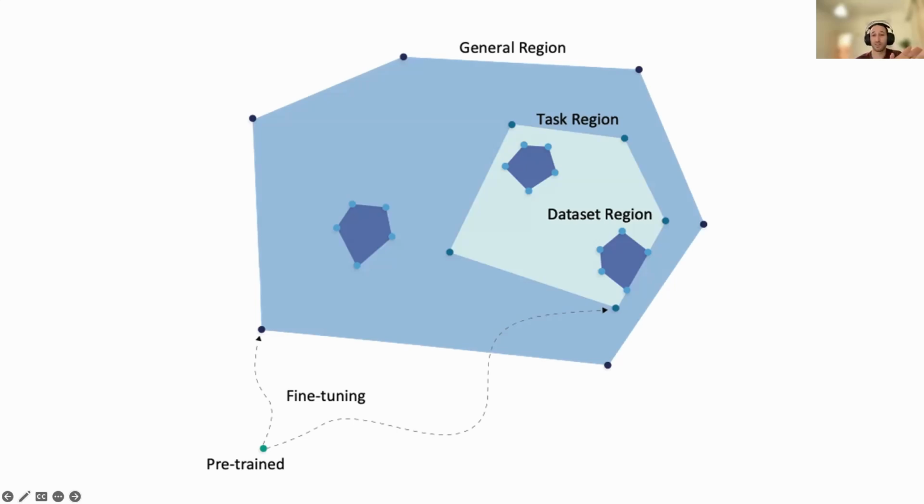So we trained on different data sets, which might come from different domains, but they share the task, and we find that they fall near each other. And this works for seeds too. If I fine-tune several seeds on the same data set, they would be closer to each other than models that were trained on different data sets, even a different data set on the same task.